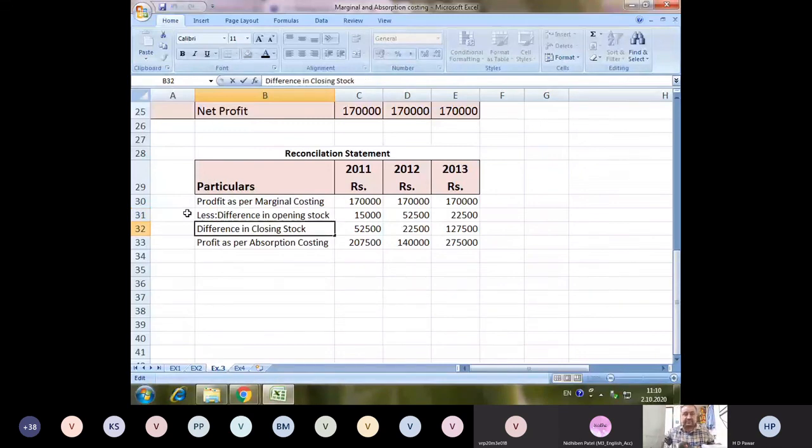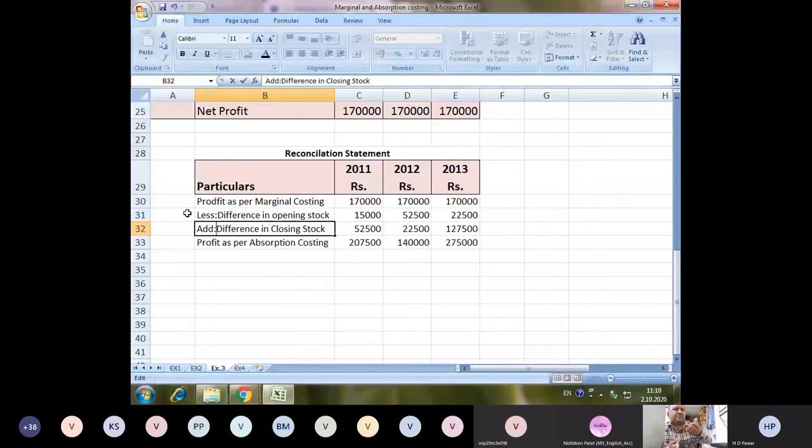Sometimes the value of opening stock, and sometimes the value of closing stock, is added or subtracted depending on the situation, from where you started, from marginal or from absorption.